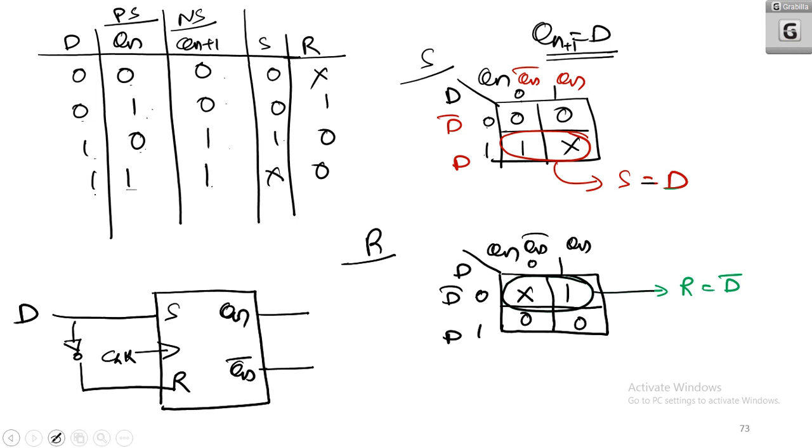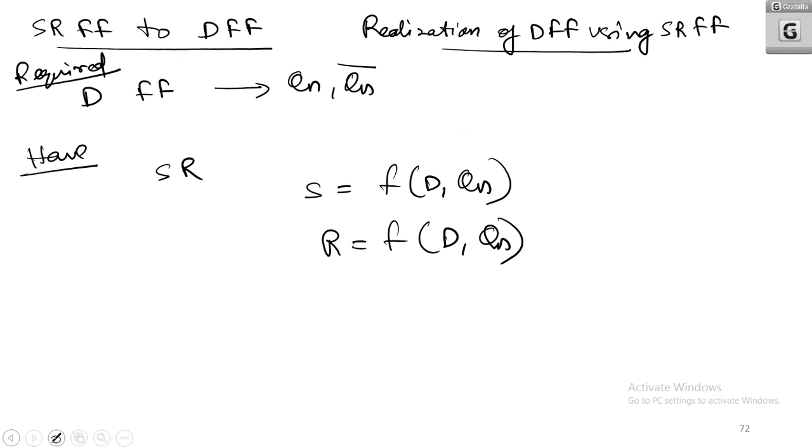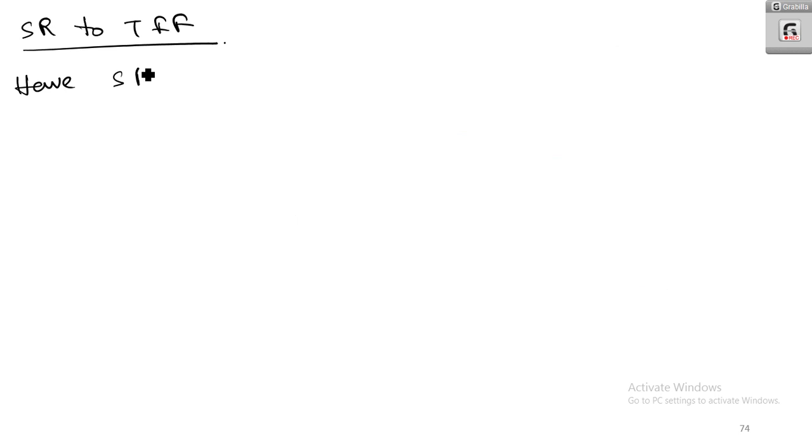Now coming to the last one: conversion of SR to T flip-flop. What you have is an SR flip-flop, and what you require is a T flip-flop, with Qn and Qn bar as outputs.